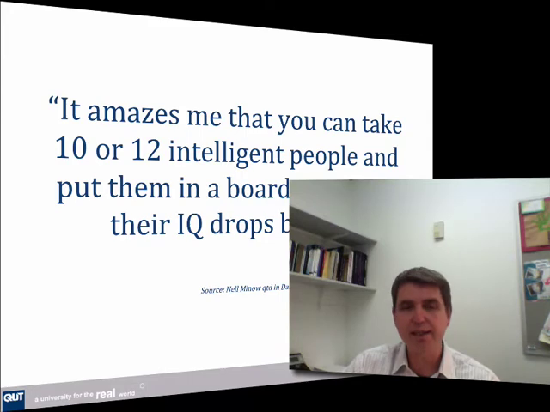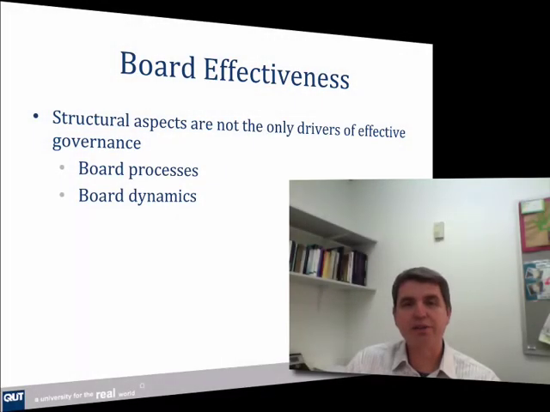They seem to be making these decisions which you look back on and go, how did that happen? And that's where how they operate together and the dynamics comes to overpower the individual composition of the board. To understand how this occurs, we need to look a little bit more deeply into the board dynamics and the board processes that are actually taking place.